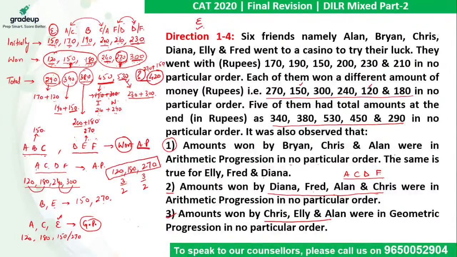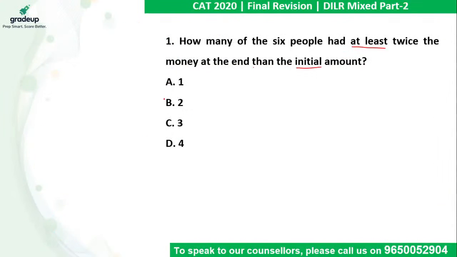So 210 becomes 450, which is again more than double. The person can be anyone, but the amount is 210. It is to be counted again. So 230 adds to 530, which is again more than the double. So 230 shall be counted again. So the count for this question comes out to be 3. So the right answer option will be C.